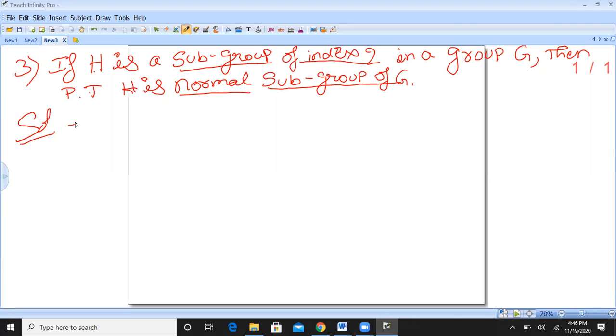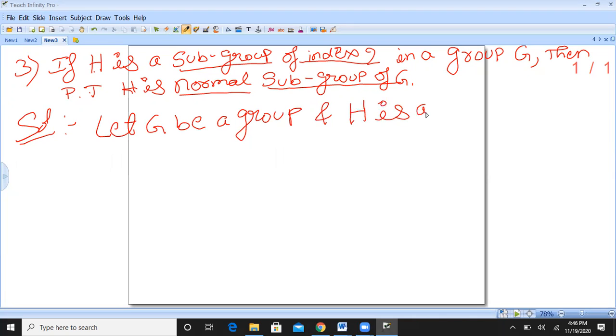Let G be a group and H is a subgroup. That is what they have given.